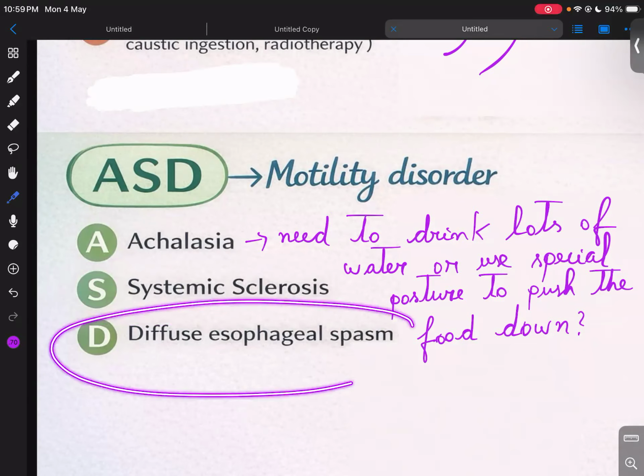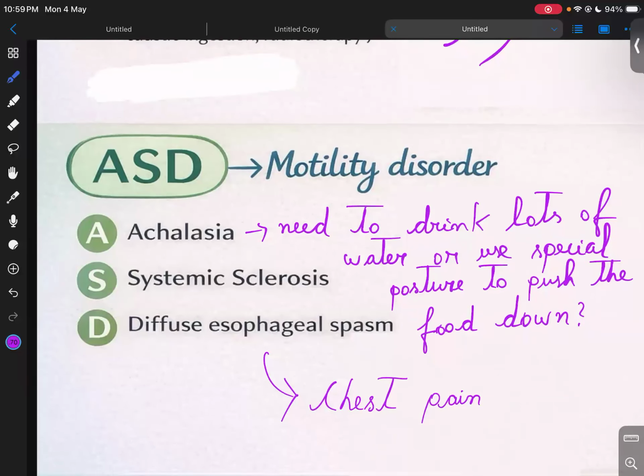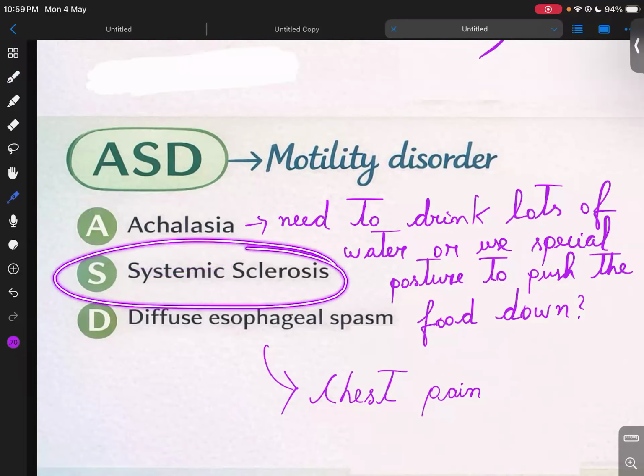For diffuse esophageal spasm, we have to ask about chest pain. It will mimic a myocardial infarction or acute coronary syndrome. So this is all for motility disorder. Suppose we have been given a case of systemic sclerosis with dysphagia.